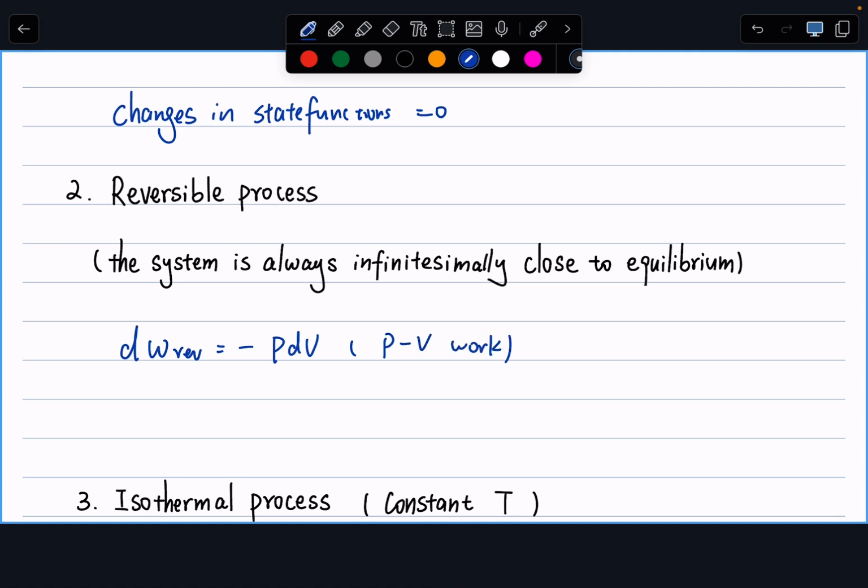So for reversible PV-work-only processes, we can use dW reversible equals negative PdV to solve for the work being done for that process. In our next chapter, we'll introduce another concept, dQ reversible, which equals TdS, temperature times the infinitesimal change of entropy. We'll discuss that in chapter 3.